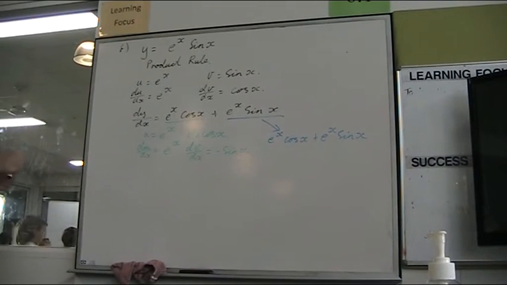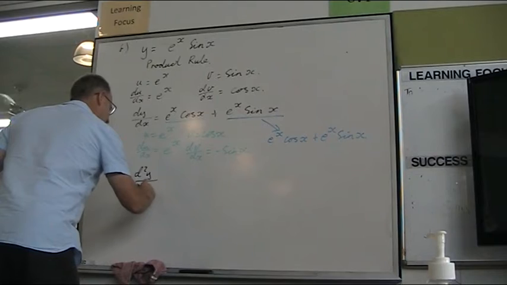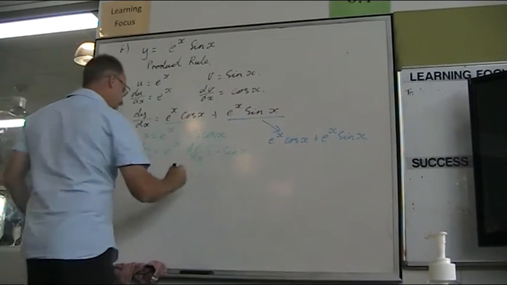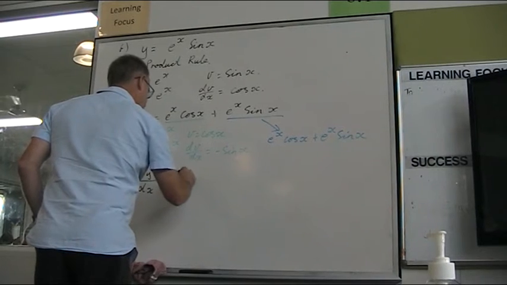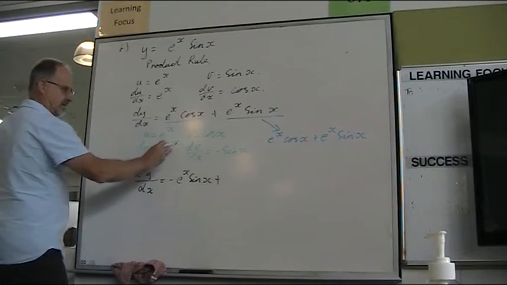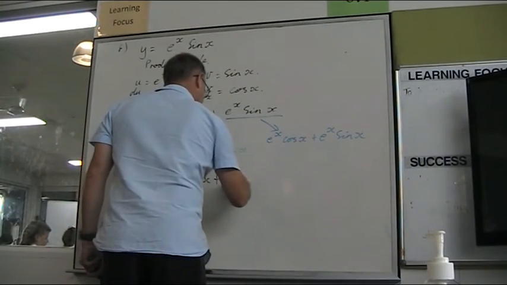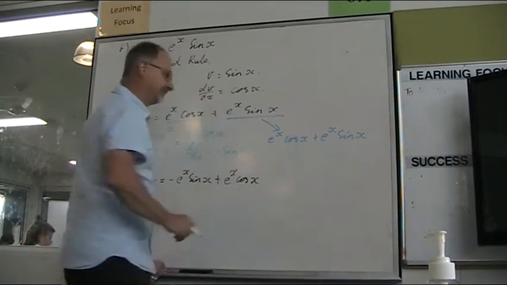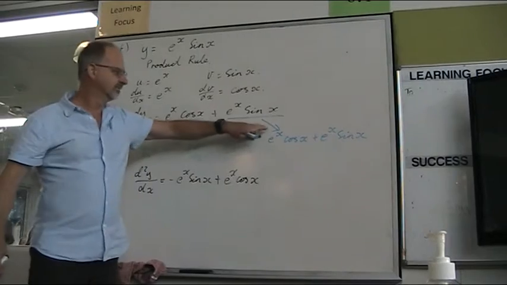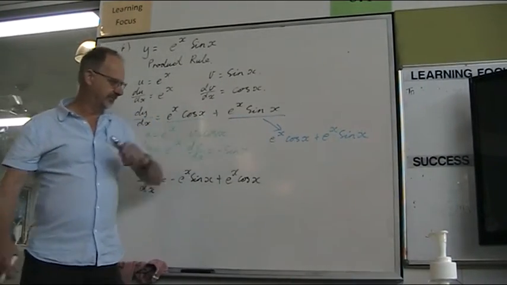Put all this together at the end here, so my second derivative. Alright, e to the x times negative sine x, so negative e to the x sine x, write it like that, plus e to the x cos x, and then we've got this part that I've done in blue.